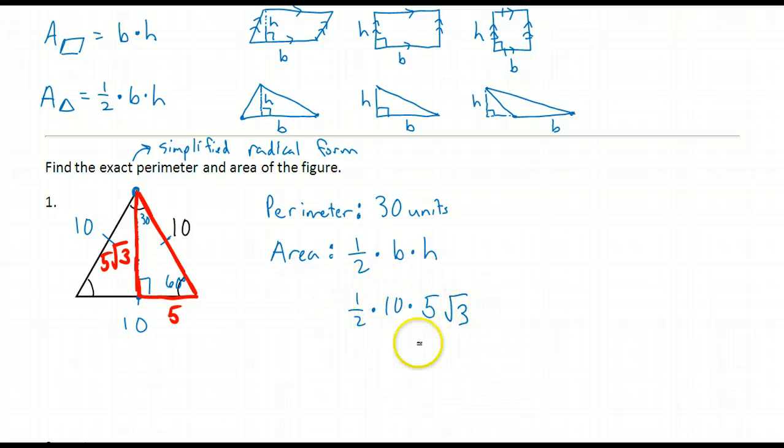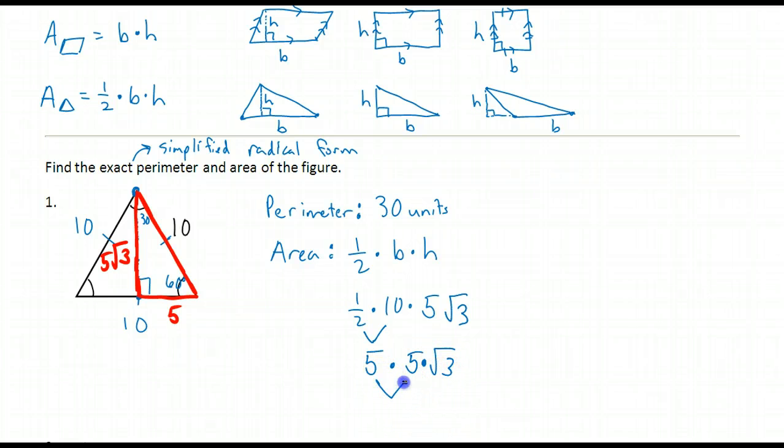Now I need to simplify. I have multiplication all the way across my problem. So I have 1/2 times 10 times 5 square roots of 3. I don't need to distribute this 1/2 because I don't have a grouping symbol and I don't have a plus or a minus sign. So the first thing I want to do is just take 1/2 times 10 and get 5. Now in reality, there's a multiplication between this 5 and this square root of 3.